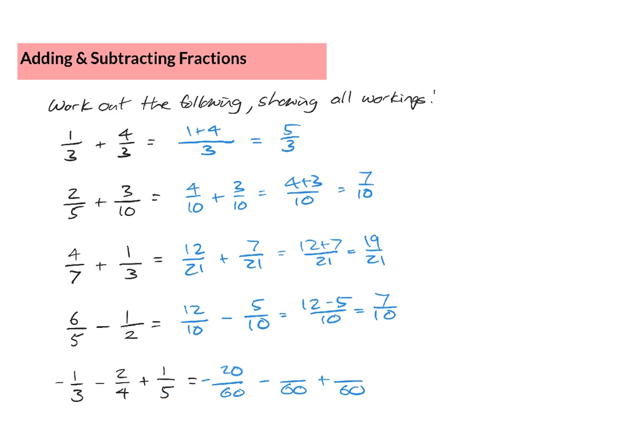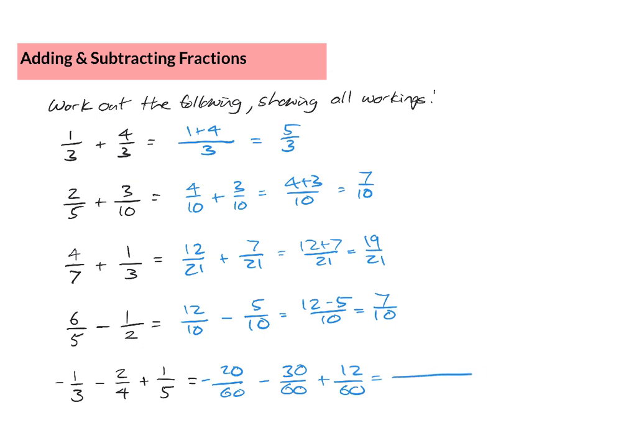So I do the top times 15, and 2 times 15 is 30, so 2 over 4 is equal to 30 over 60, but remember it's a minus here, so it's a minus here. Those symbols must be the same. The final one here, I'm turning fifths into 60ths, so I'm multiplying 5 by 12, which is the product of 3 and 4. So I do 1 times 12, which is just 12. So 1/5 is 12 over 60.